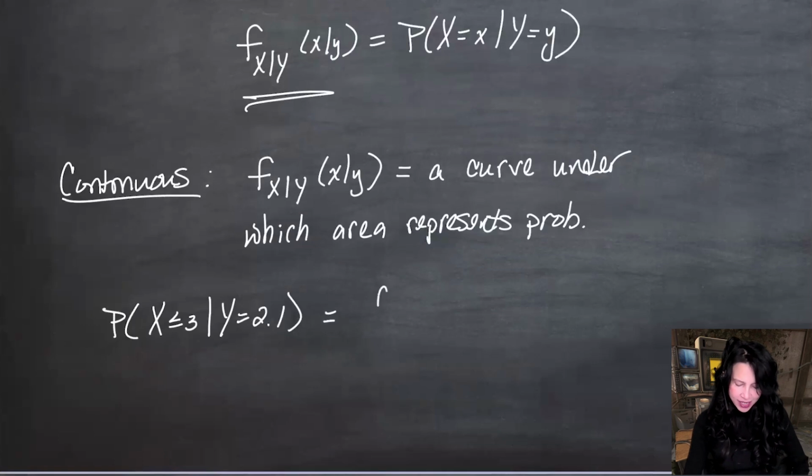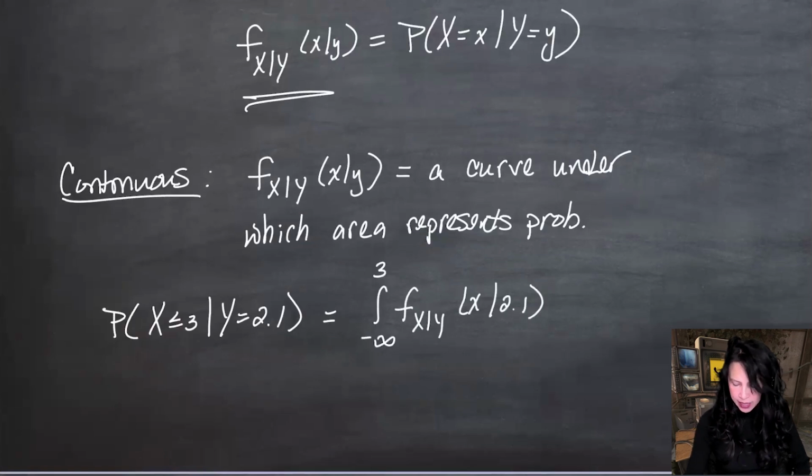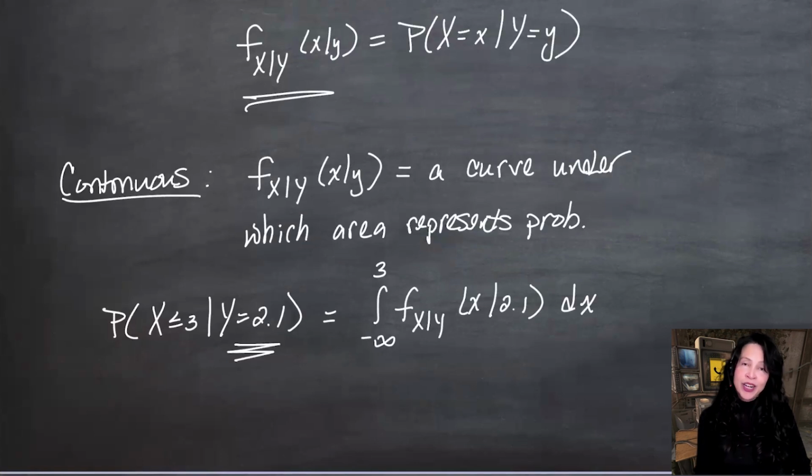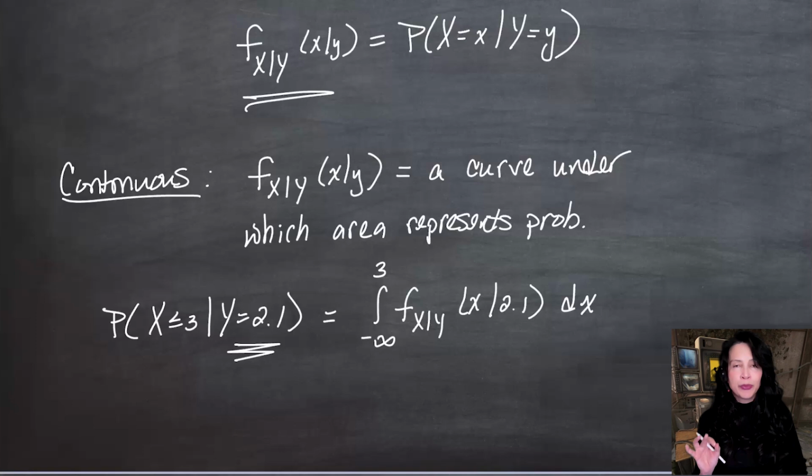This is going to be the integral from minus infinity to 3 of this conditional PDF integrated over x. If this concerns you, I don't blame you. If X and Y are continuous, how can Y equal 2.1?